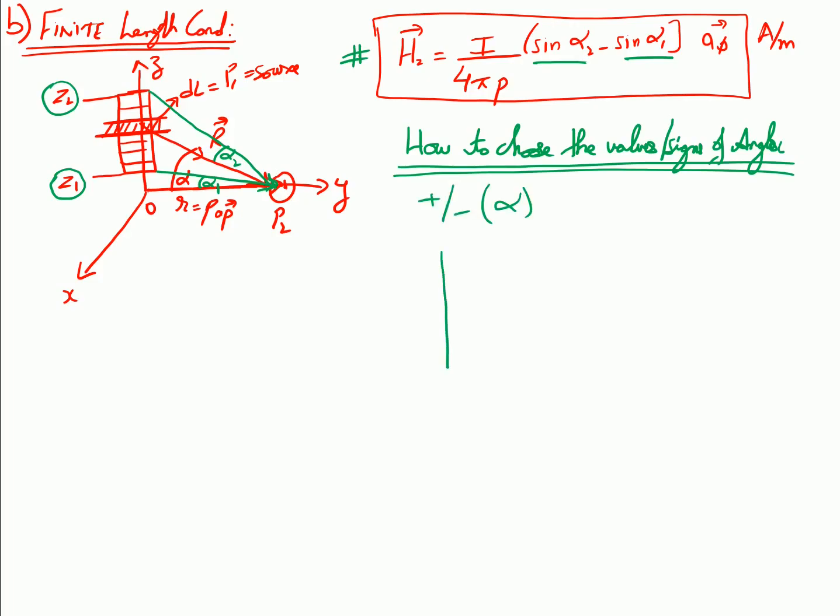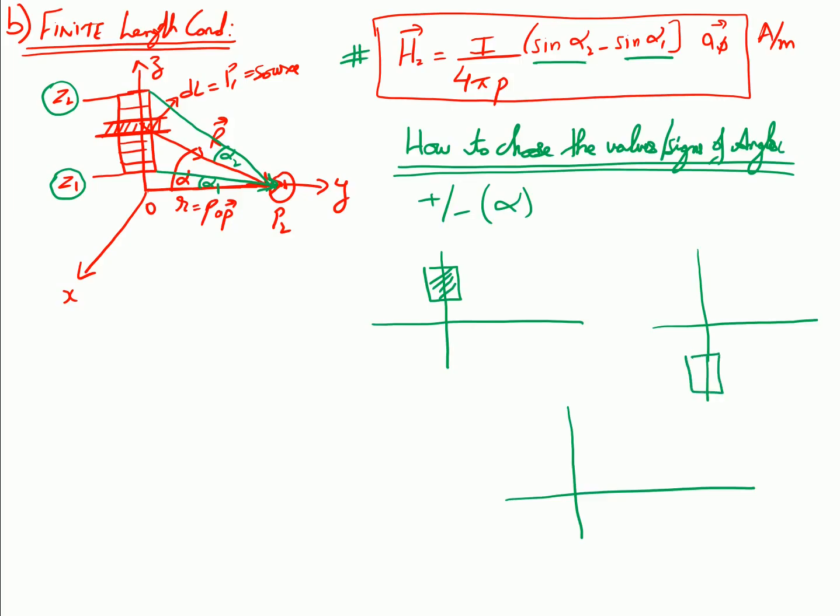Let us say these are the three conditions where we can have the finite conductor. In the first scenario, our conductor is over here. In the second scenario, it can be over here. In the third scenario, it can cover this section.